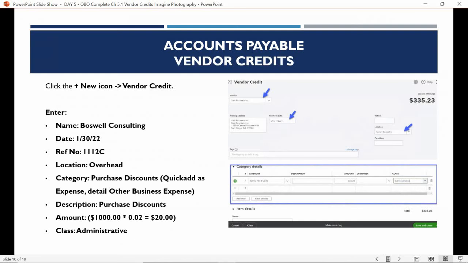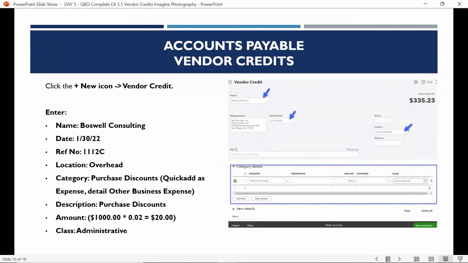Try your best not to overpay, because sometimes the vendors don't notice it either, and you end up losing that discount opportunity because you weren't paying attention to when you paid it by. And the vendor's not responsible for that either.